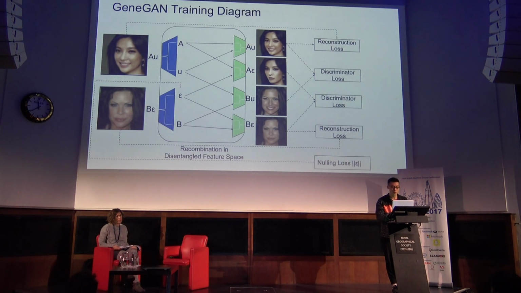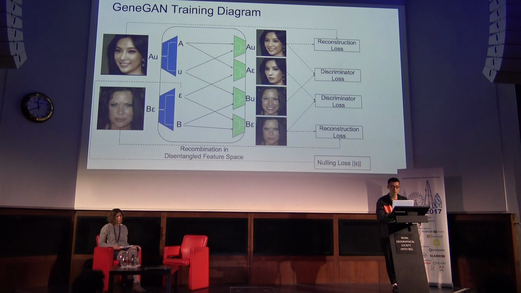There are four children, which are a recombination of the background and the object code of the parents. There are two children, A_U and B_epsilon, that have the same features as the paired parents and should be exact reconstructions. The constraint is reflected by the presence of two reconstruction losses in the diagram.